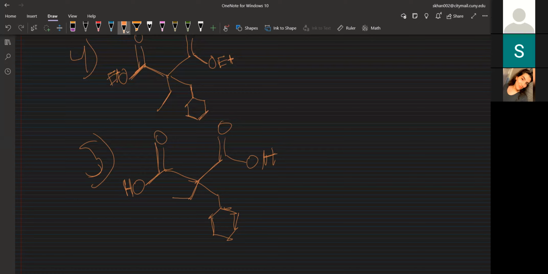Kind of. It is an intramolecular thing that happens, but the process is called decarboxylation.